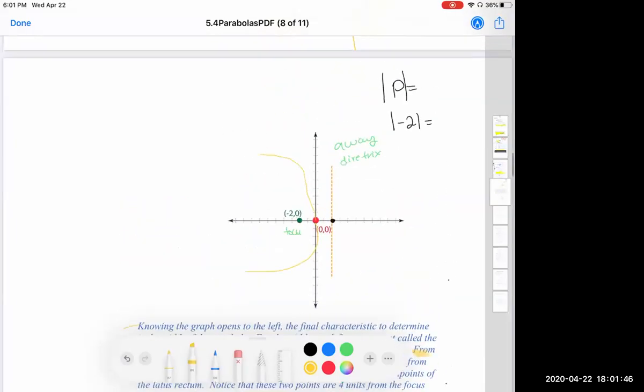All right, so we're going to use that formula, 2 times p. And this will help us find points to finish drawing your parabola.